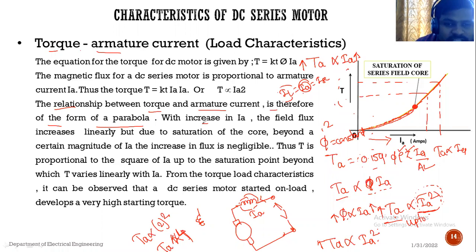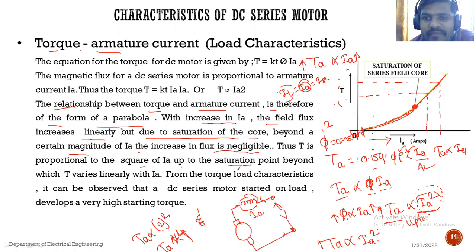See, with an increase in IA, the field flux increases linearly, but due to the saturation of the core, beyond a certain magnitude of IA, the increase in the flux is negligible. So TA is proportional to the square of IA up to the saturation point, and beyond the saturation point, the torque varies linearly with the armature current.